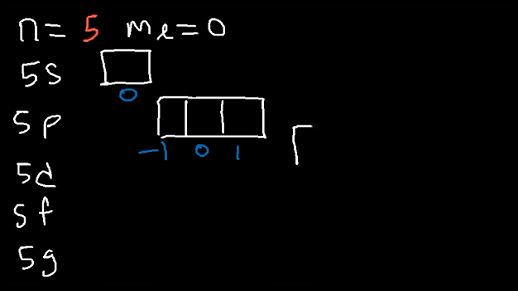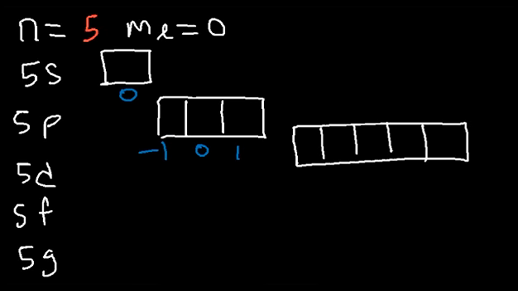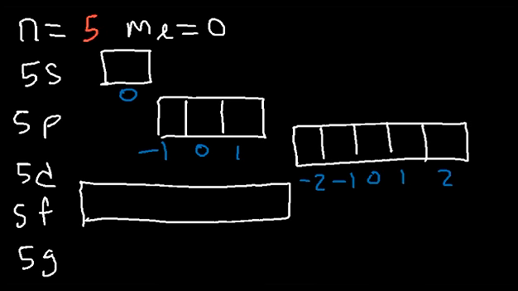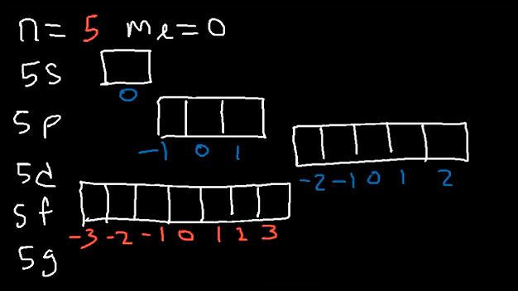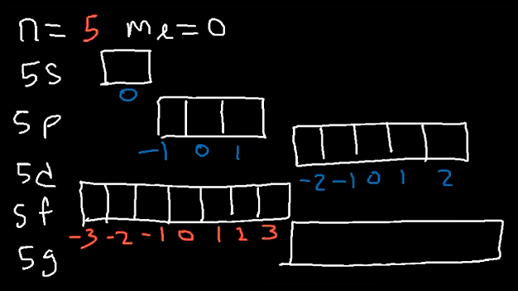And for the d sublevel, L is 2, so ml will vary from -2 to 2. Now for the f sublevel, L is 3, and f has 7 orbitals, so ml will vary from -3 to 3. And for the g sublevel, L is 4, so ml can vary from -4 to 4.